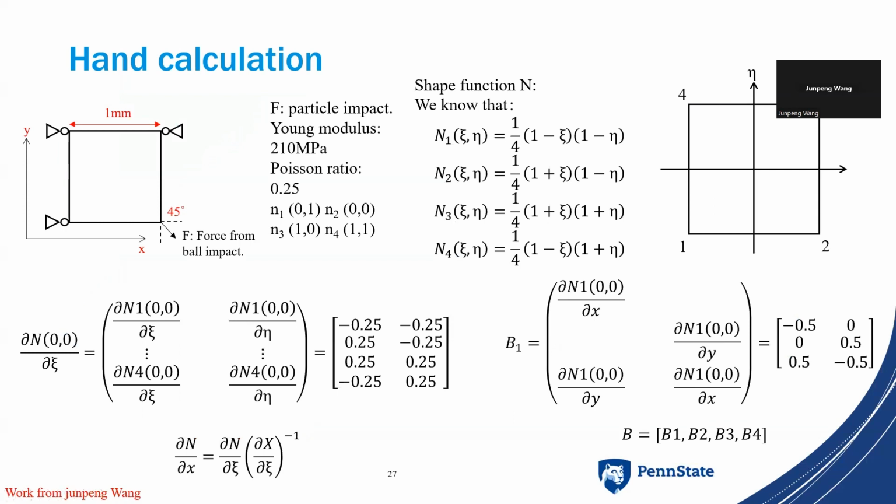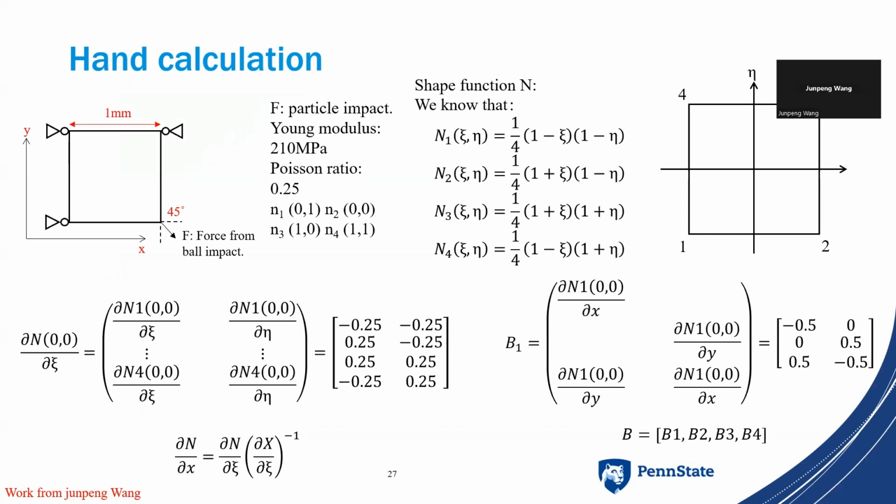So the case will transform to a very simple case, just like the picture on the left side. There is a force which comes from the ball impact. And this is a very classical FEM question.